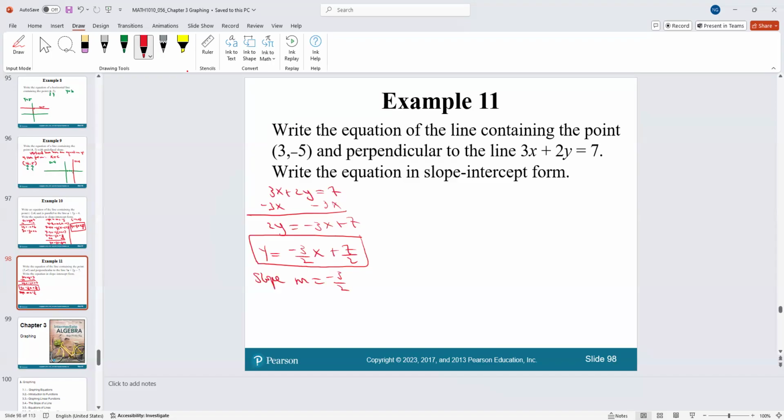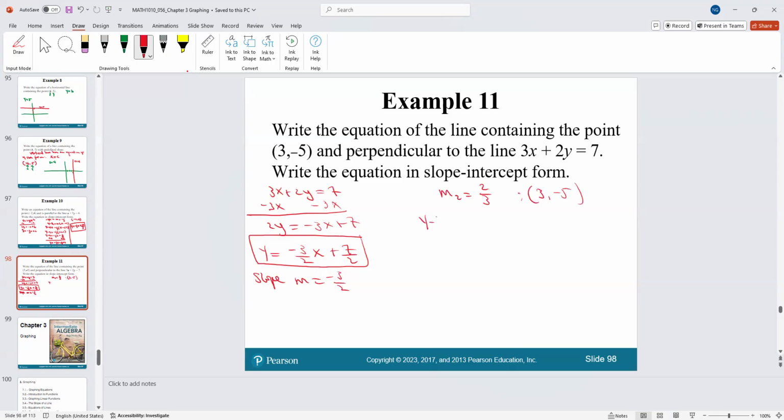We use this slope 2/3 because this one is negative 3/2. So for the new slope, we're going to use m2 as 2/3, because this one is going to be positive. For our new equation, we have the point (3, -5) as x1, y1.